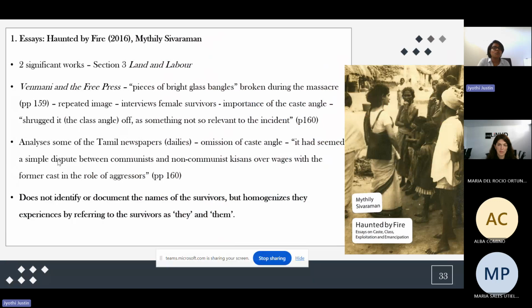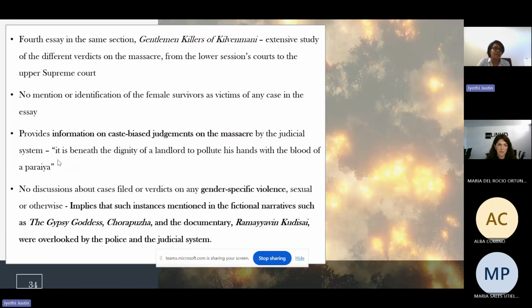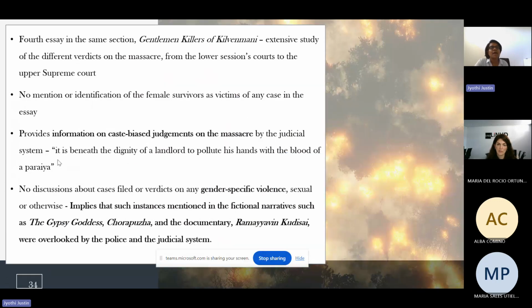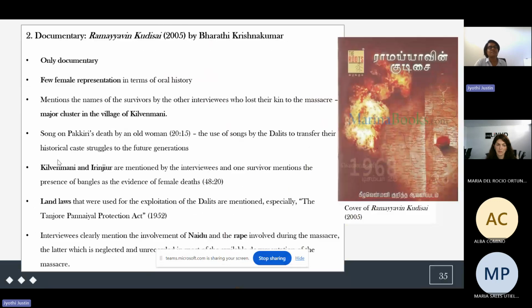These are other non-fictional narratives that we're looking at. There is a collection of essays by Maithili Shivaraman. She's the first woman to document the Dalit survivors, but even she doesn't include the names of any of the female survivors in her narrative. And there is also a documentary on this massacre by Bharati Krishna Kumar. But even in this, we could not find any female representation or female interviewees throughout the documentation.